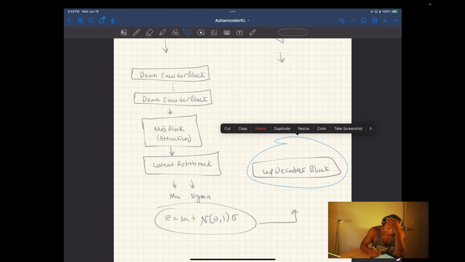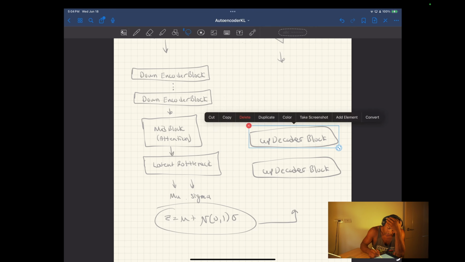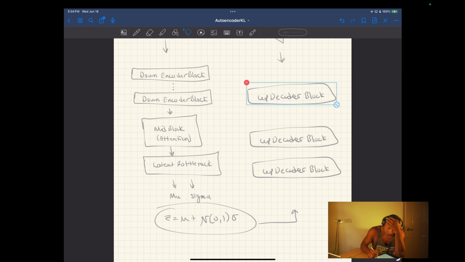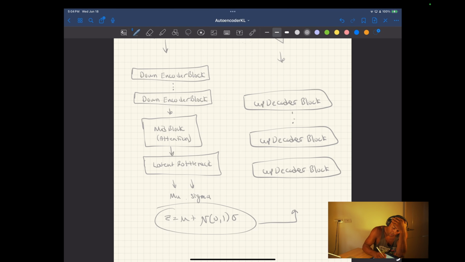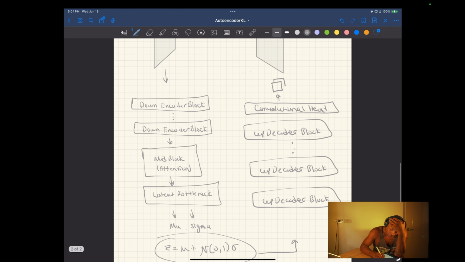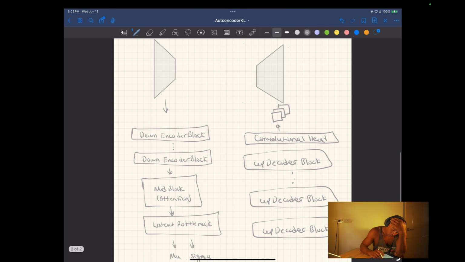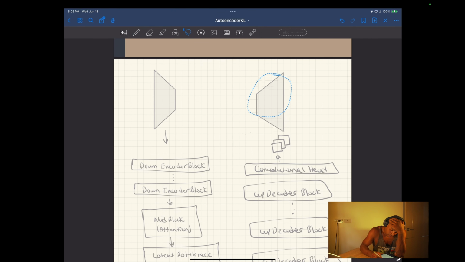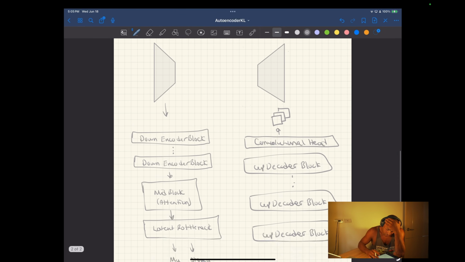And it's just going to repeat those, all the way to a final convolution layer, a convolutional head that will output our image.